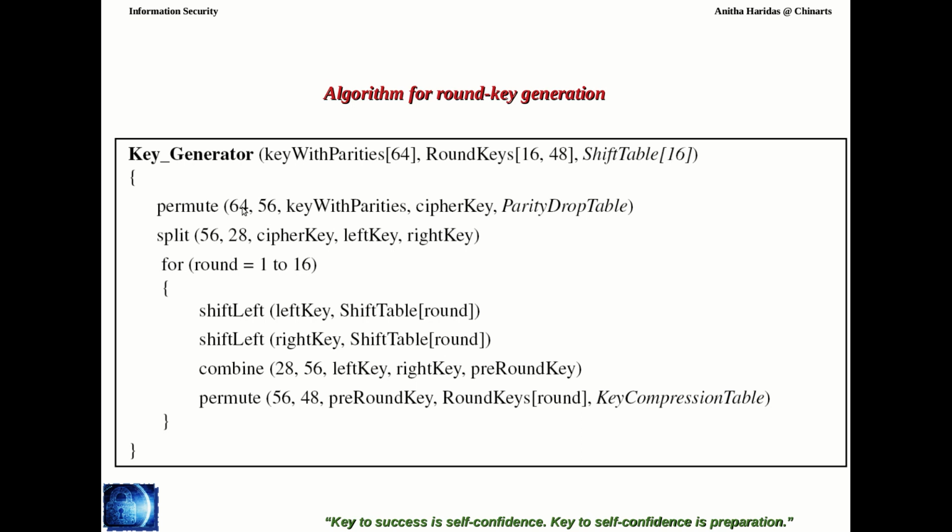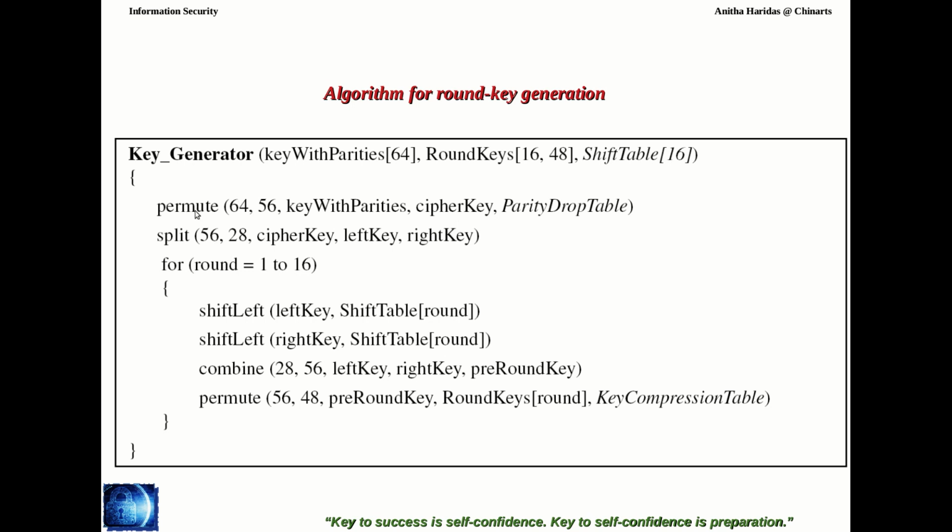The 64 bits will be available in the key with parities here, right? The parity bits are available in the 64 bits, and the parity bits will be dropped to get the 56-bit cipher key. And how is it dropped? Using the parity drop table. This is the first step, the pre-processing step for the key generator.